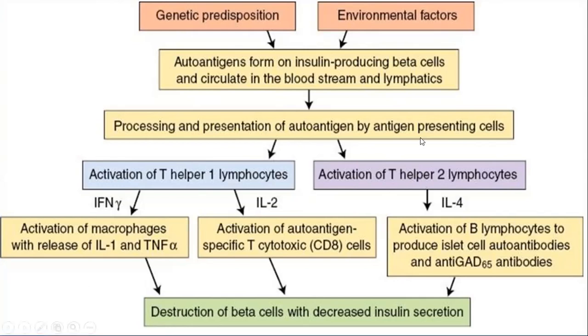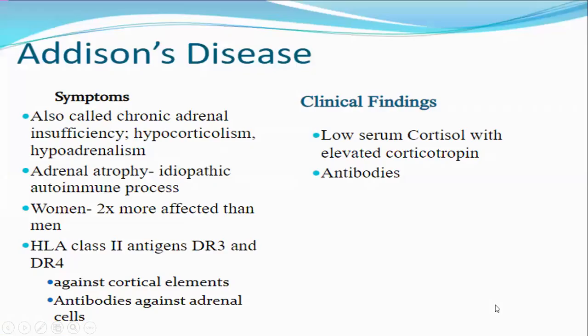On the other hand, if autoantigens cause activation of type 2 helper cells, this causes the production of the cytokine interleukin 4, which causes activation of B lymphocytes to produce islet cell autoantibodies and anti-GAD65 autoantibodies. Now, all of these mechanisms contribute to the destruction of beta cells with decreased insulin secretion.